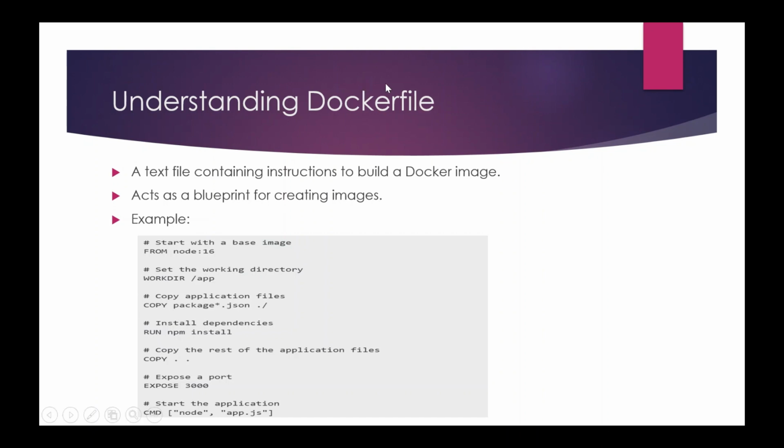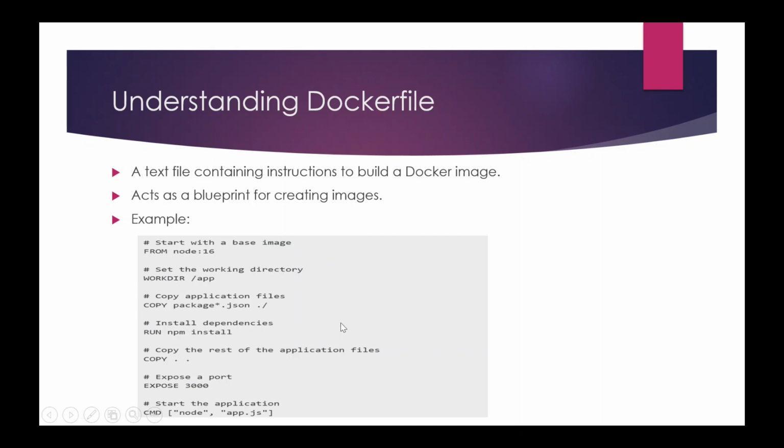That file is called a Dockerfile. You'll have to create one text file with no extension, named Dockerfile, save it, and write the instructions to build the image within it. This acts as a blueprint for creating images.